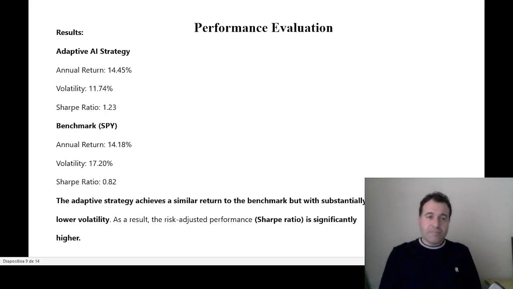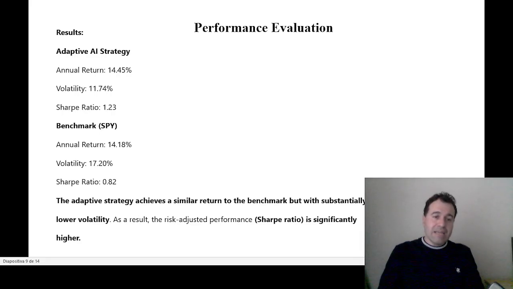Performance evaluation. Adaptive AI strategy. Annual return 14.45%. Volatility 11.74%. Sharpe ratio 1.23. Benchmark SPY annual return 14.18%.